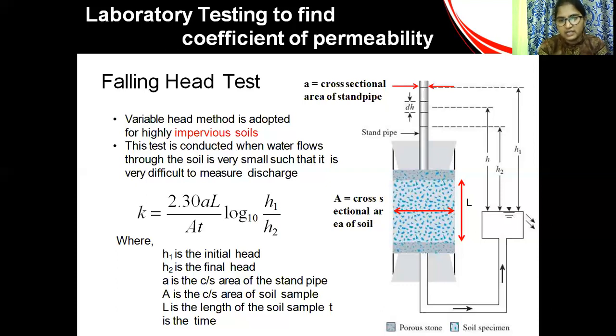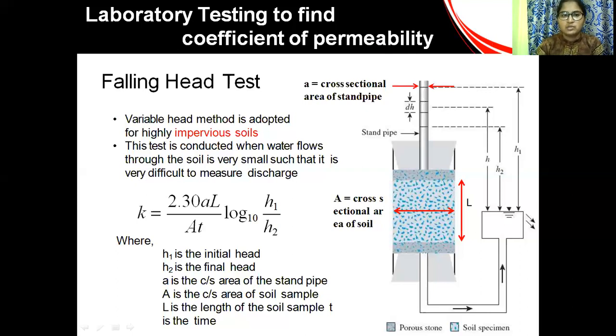The head drop will be more at first, but the time required is less. And hence, from Darcy's law, the rate of flow Q is given by Q equals kiA. Here the main formula is K equals 2.3 aL by At log 10 H1 by H2.